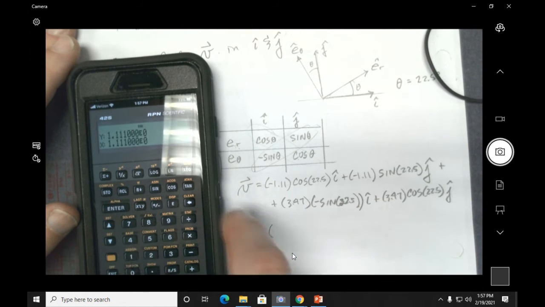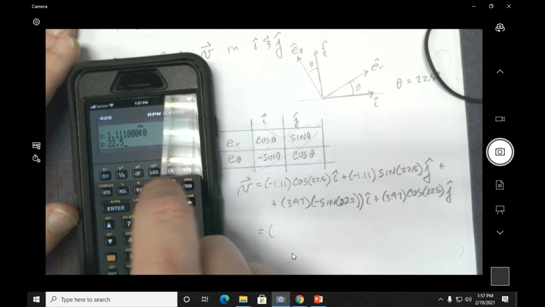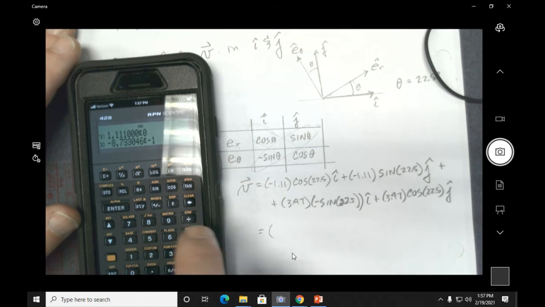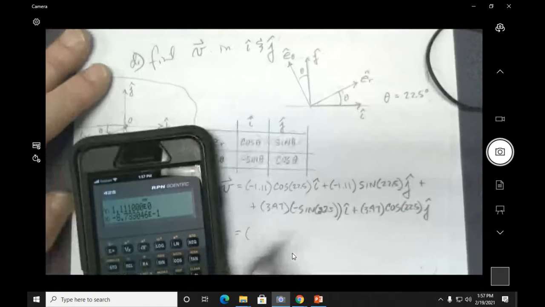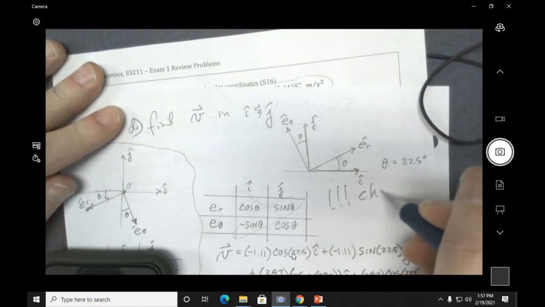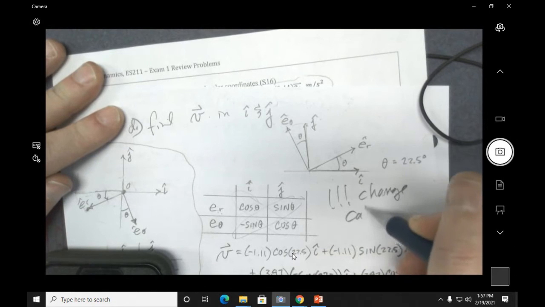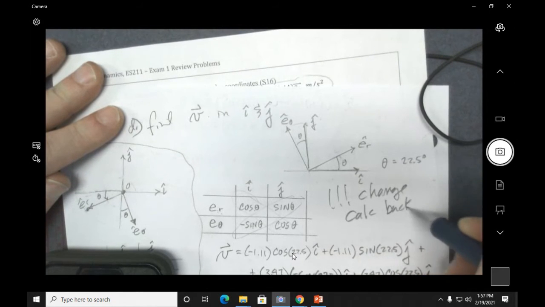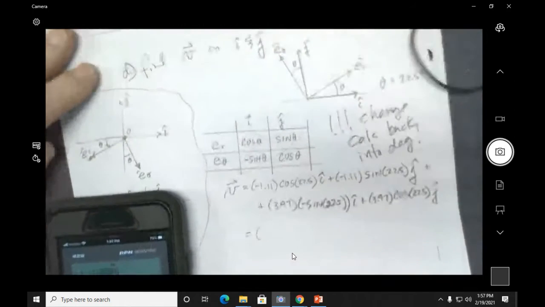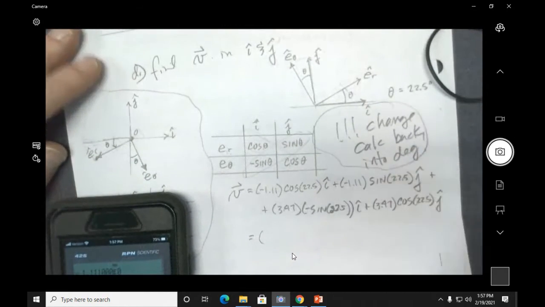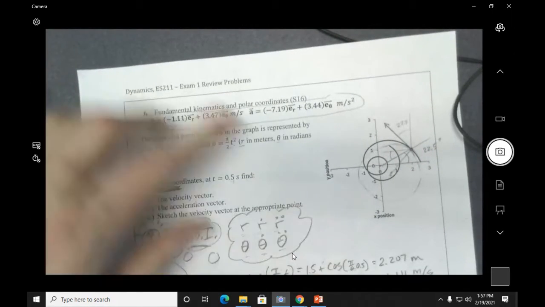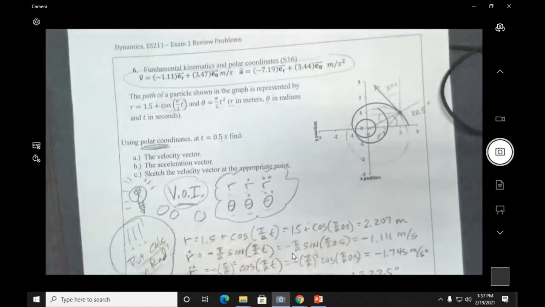Negative 1.11, and 22.5, take the cosine of it. Whoop, I just did something. Oh, I'm still in radians. Here is something to remember: change the calculator back into degrees when done doing a calculation, like we did over here, where we had to use pi and radians.